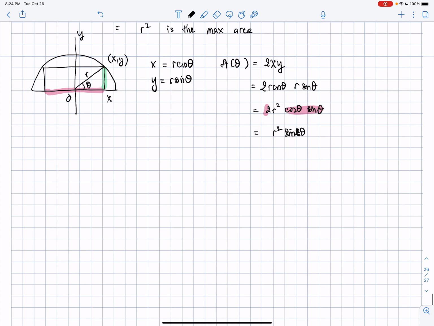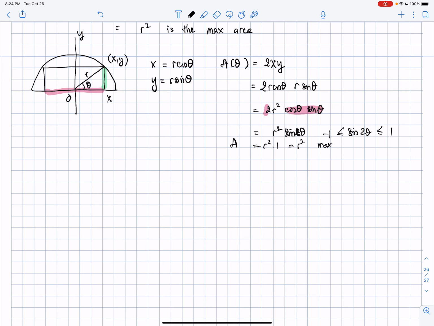You know that the sine function for any angle is between -1 and 1. So the maximum value of sine is 1, then A is at its max value.